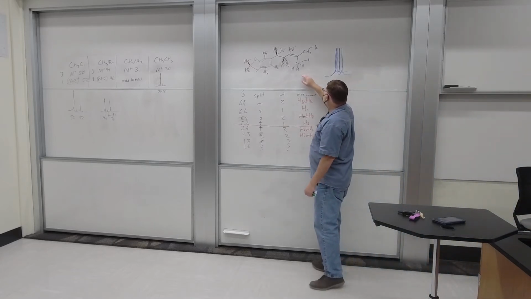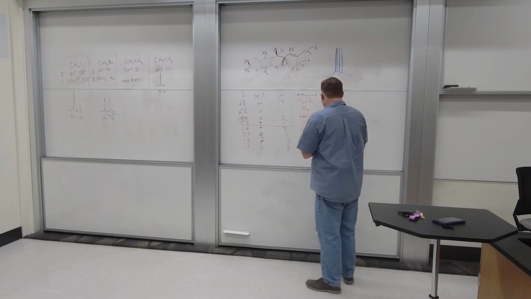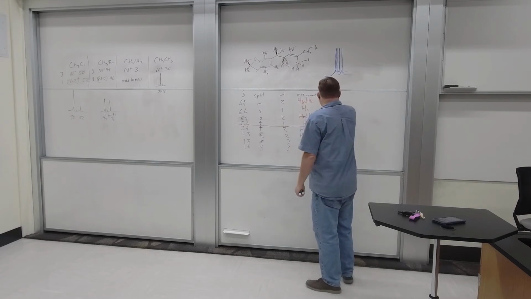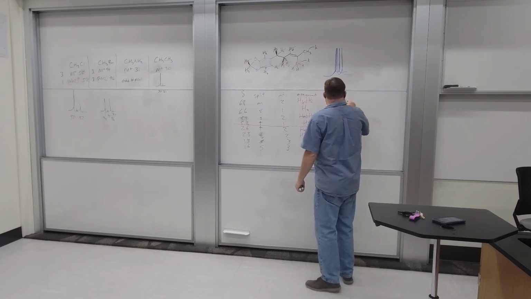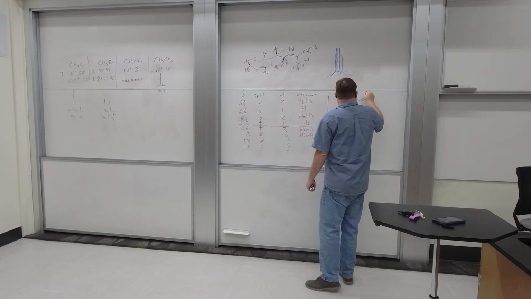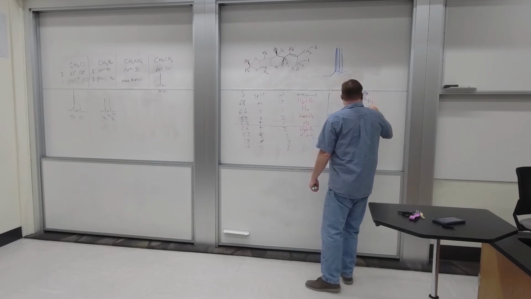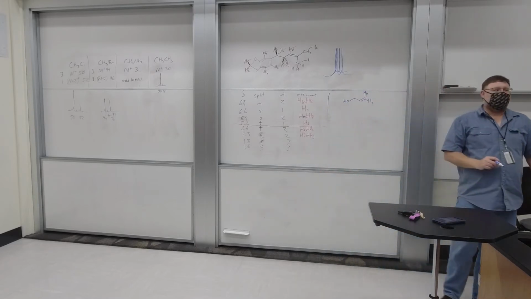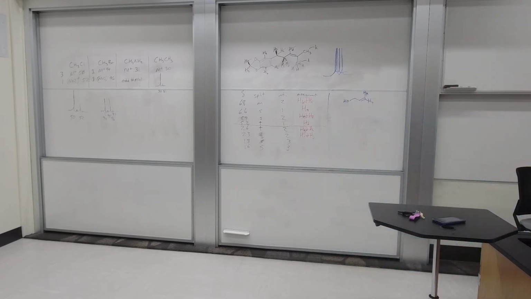And the reason is they're diastereotopic. So let's just look at this one. If we just look at this molecule, it's got an HX and an HY.